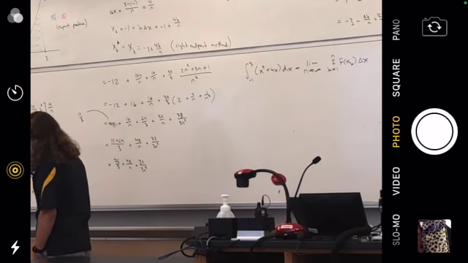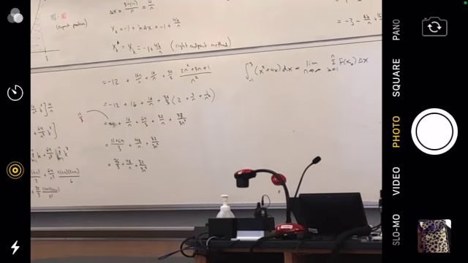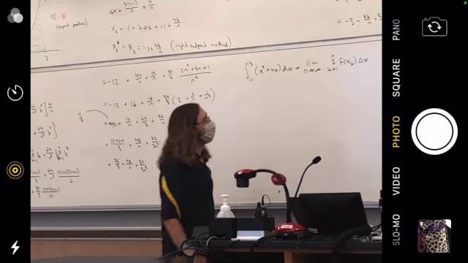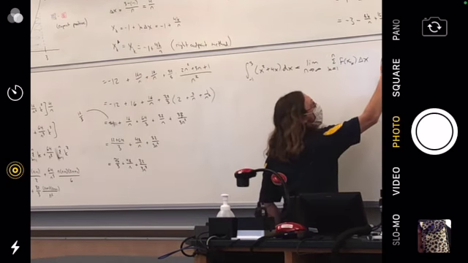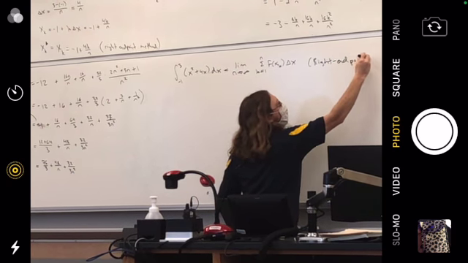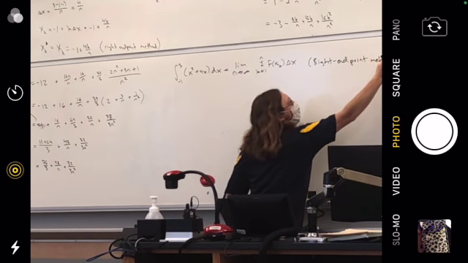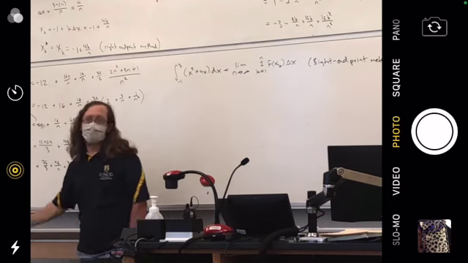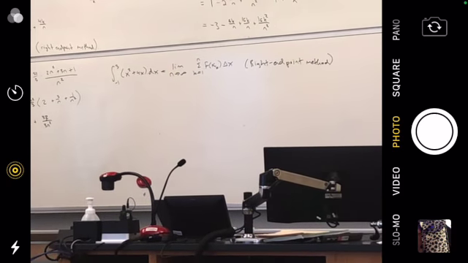Why can I drop the star? It's the same as the limit for the right-hand sum. So I can just pick a method, right? Pick any Riemann sum. We always pick the right-hand sum.